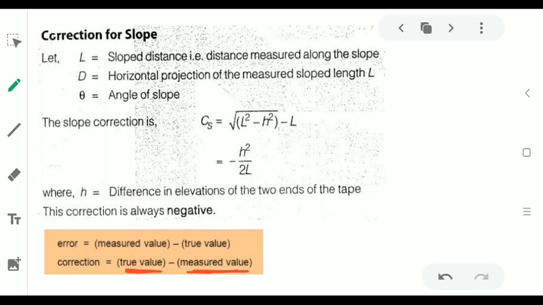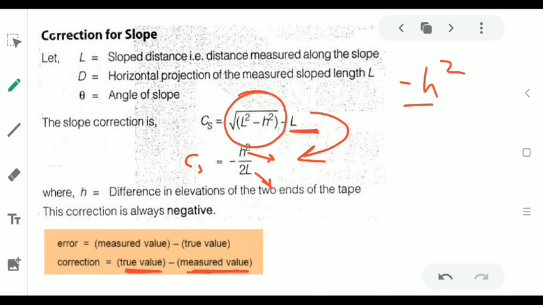So your true value is square root of L square minus h square, minus the measured value, and the measured value is L. Now using binomial expansion we get this value as minus h square by 2L. So to find the correction we need two values: one is the value of L and the second is the value of h, since the correction will be minus h square by 2L.